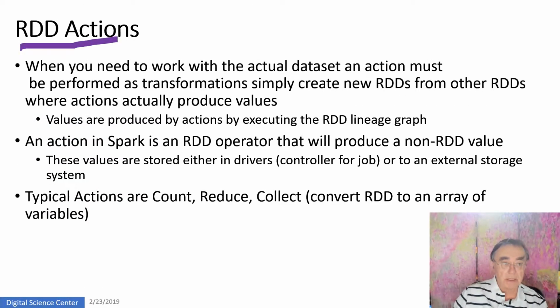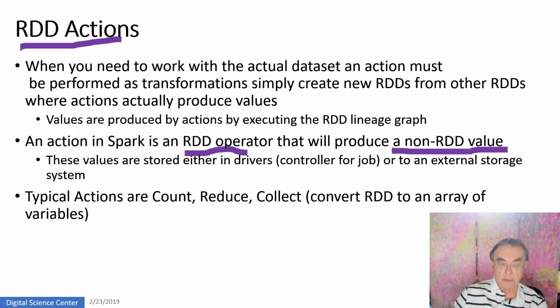Now you need actions, because an action gives you results which you can take and write papers with. And they have actual values, and they execute the RDD graph. So it's like an RDD operator, but it doesn't produce an RDD.